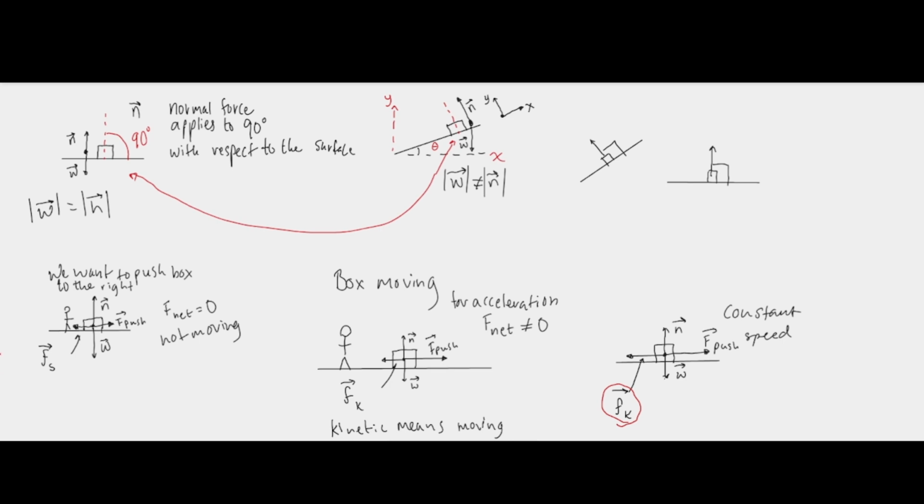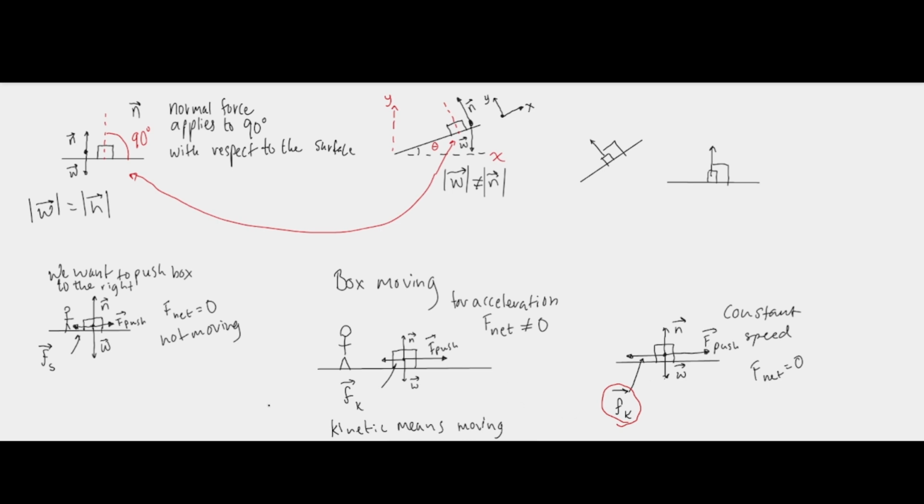We don't go back to the force of static friction where it's also F net equals 0. So this case is also F net equals 0, but this is constant speed. We're still moving. We're not accelerating. This is like maintaining 60 miles an hour on the highway. You're not accelerating, so there's no net force moving you and accelerating you forward.